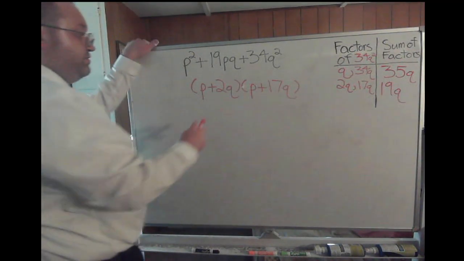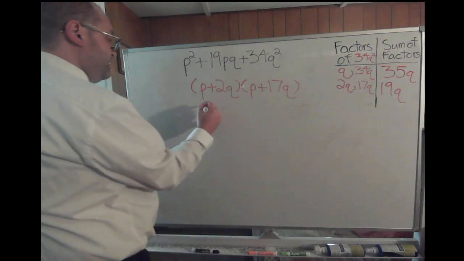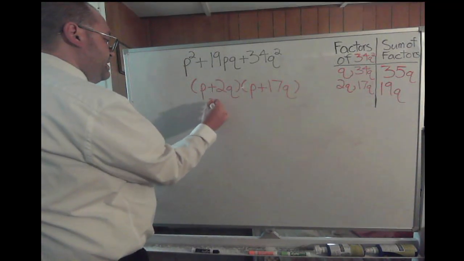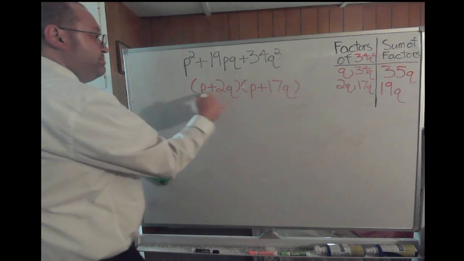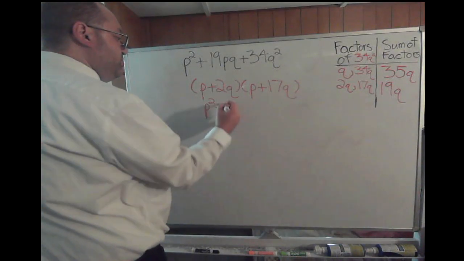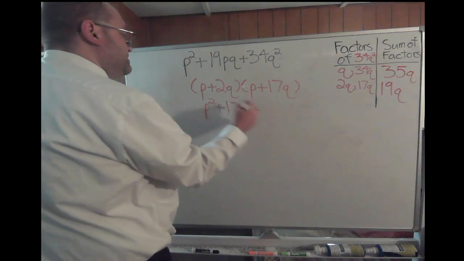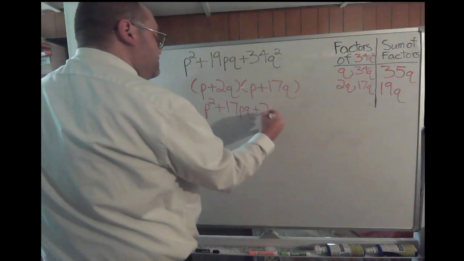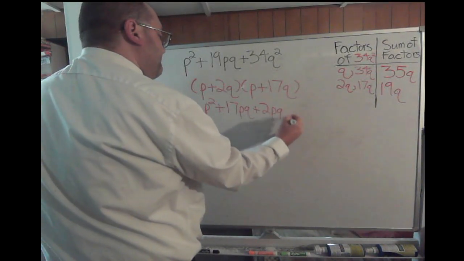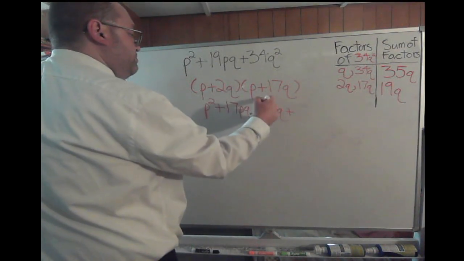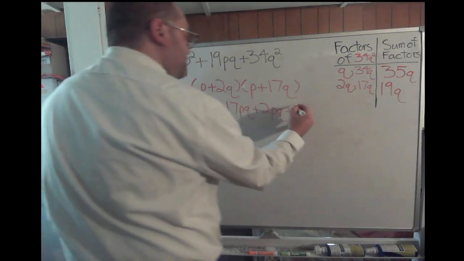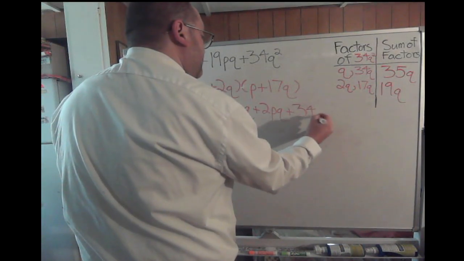And then if you do FOIL, which we'll do real quick, P times P is P squared, plus P times 17Q, which would give you 17PQ, plus 2Q times P, which would give you 2PQ, plus 2Q times 17Q, which would give you 34Q squared.